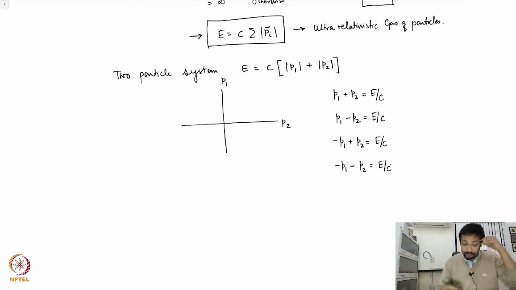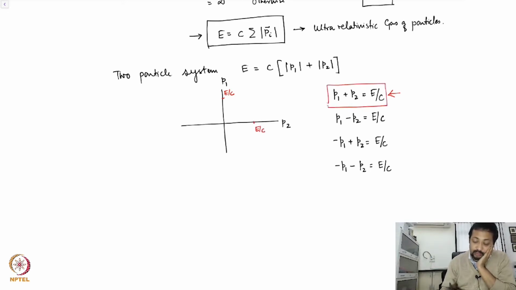Look at the first equation. It clearly tells you that if p2 is equal to 0, p1 is E over c, and similarly if p1 is 0, p2 is going to be E over c. Therefore this represents the line which is essentially like this.